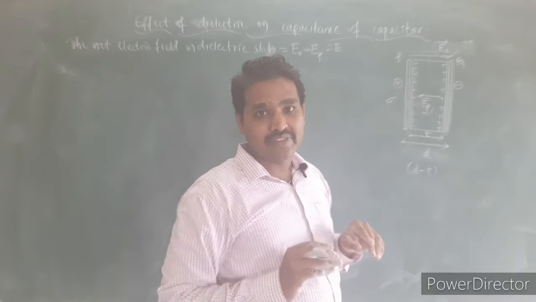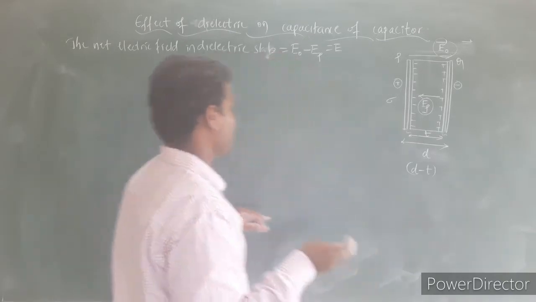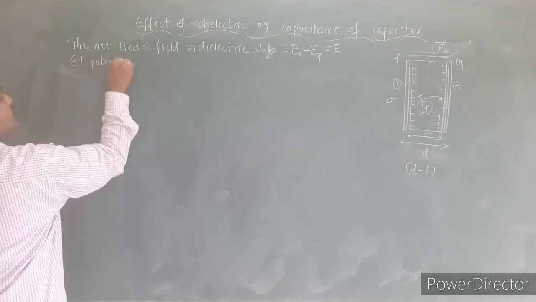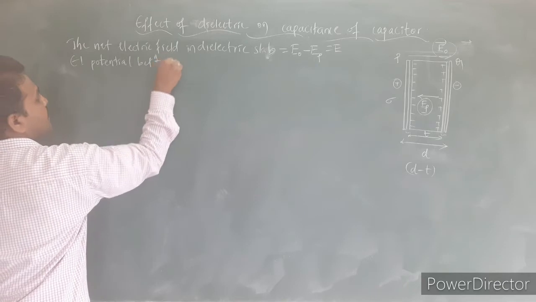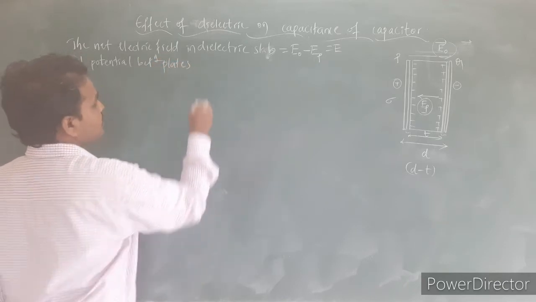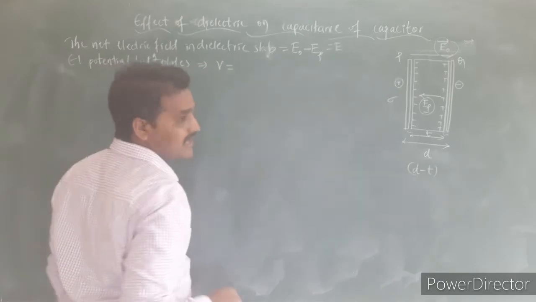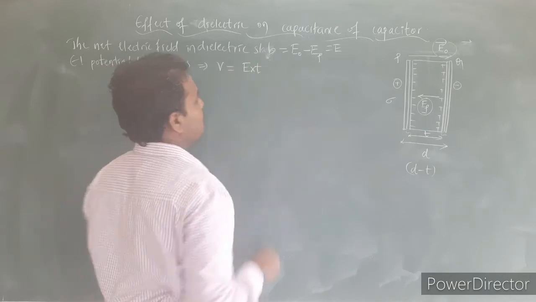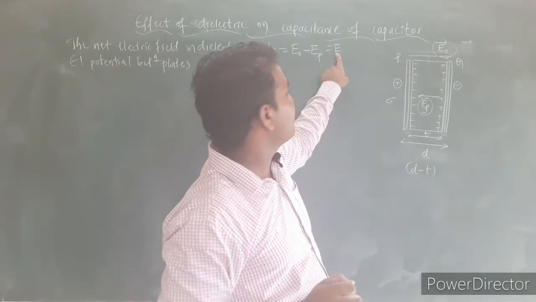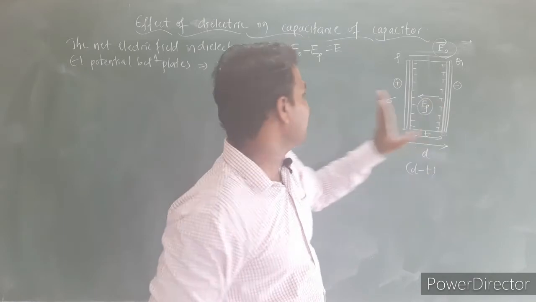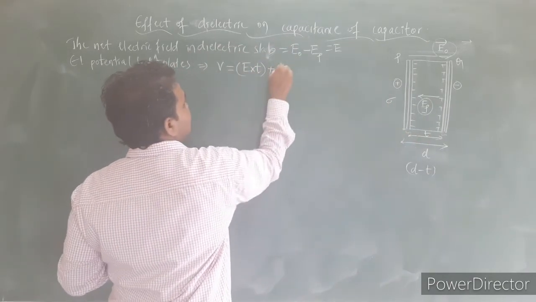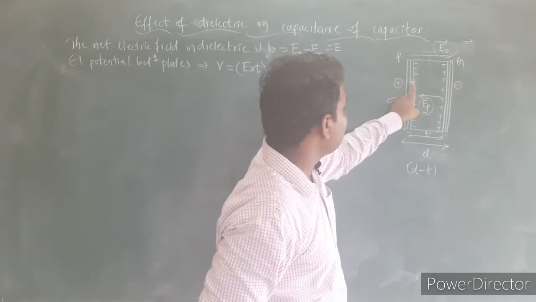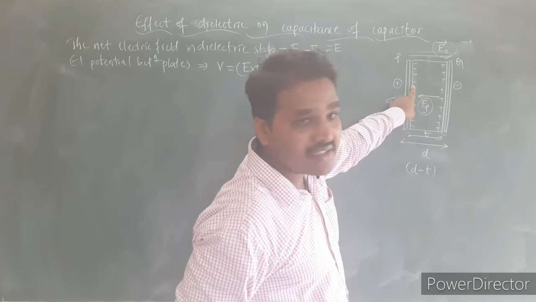Because of these two electric fields, we will have some electric potential. That electric potential between the plates of the capacitor is given by V equal to capital E into t, because this reduced or net electric field intensity is acting for the length t, plus E naught, which is acting between the plates and the dielectric slab.